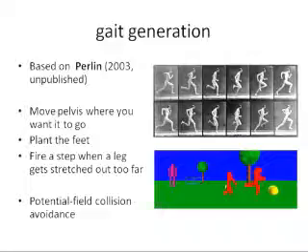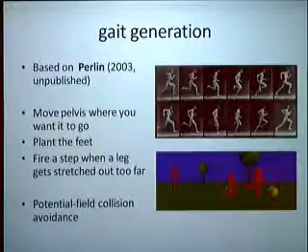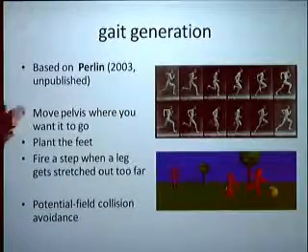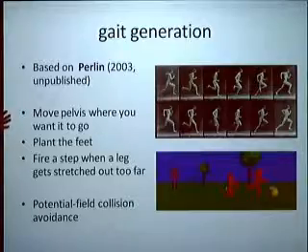Gait generation is based on the more recent work of Ken Perlin that he hasn't published, but the trick is just translate the pelvis along the trajectory that you want it to go on, and notice when one of the legs is stretched out behind you. When the leg is stretched, keep the feet planted.